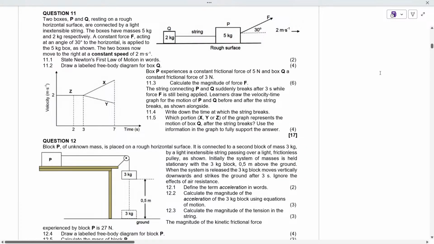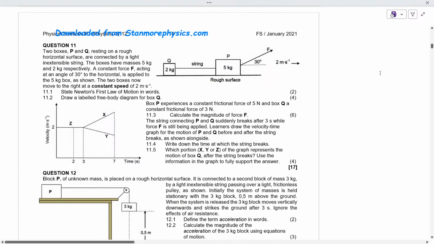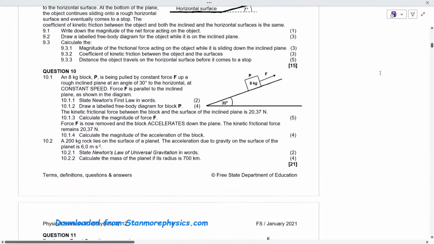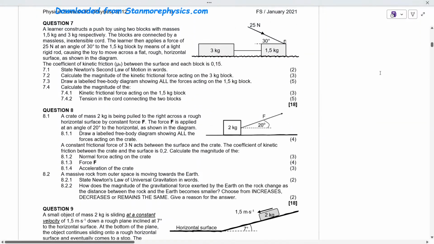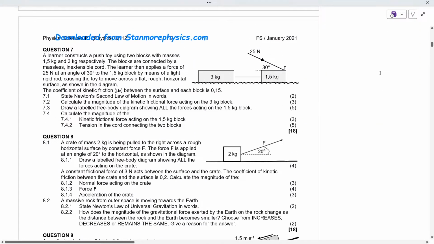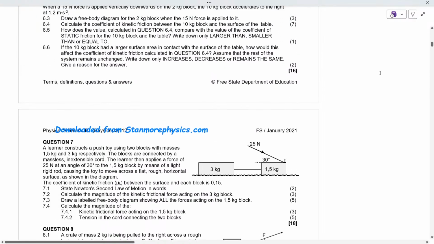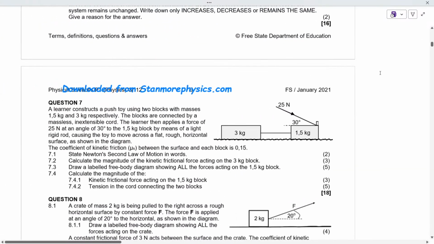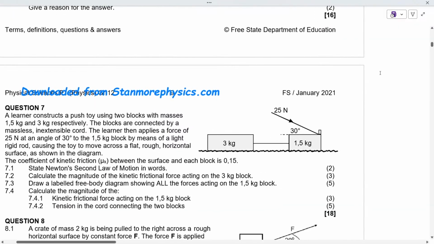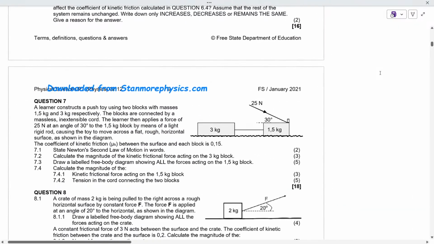I honestly don't know, but we'll find out if you want us to do this one. You don't want to do things that don't usually come. Let's do question 7. Question number seven. We must just do this one.